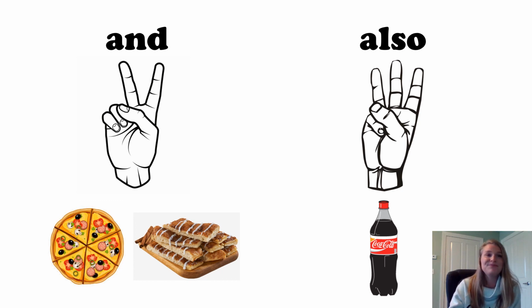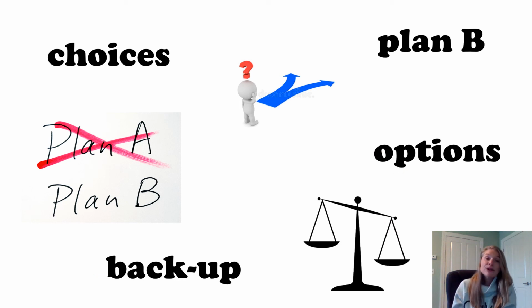Good job. The last thing we're going to talk about, which can make us a little bit nervous, is that sometimes when we're on the phone, they will say to us, oh, sorry, we're all out. We don't have any more of that. And if you haven't practiced your other choice or your other backup option, you may get overwhelmed on this phone call and it might make you scared, and you may not know what to pick.